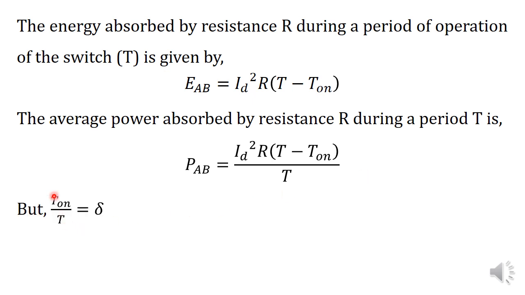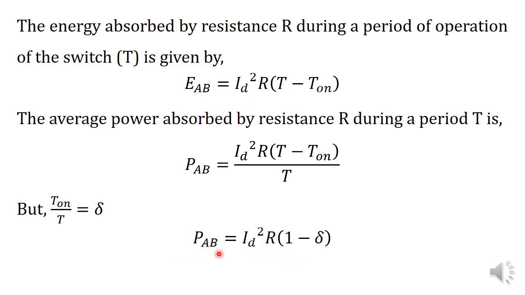But T on by T is equal to delta. Delta is the duty cycle of the switch. So in this equation, we have (T minus T on) by T. That becomes 1 minus T on by T, or 1 minus delta. So PAB is equal to ID square R into (1 minus delta). That is the equation for power absorbed by the resistance.